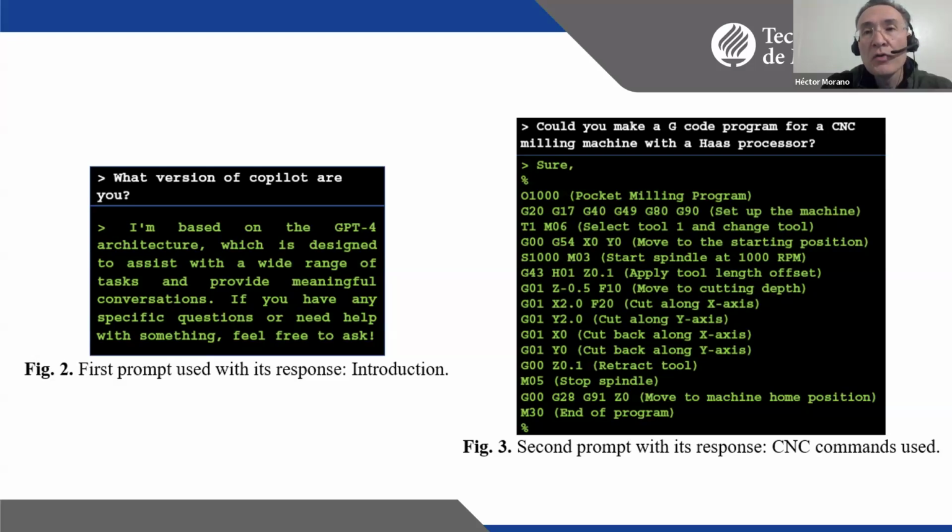We can see in Figure 2 the first prompt used, as well as the response from the LLM. Figure 3 shows the second prompt used to determine if the LLM could generate CNC code for machining. Only the generated program is included. As can be seen, the LLM identified the Haas controller and showed an example of the commands it could use.